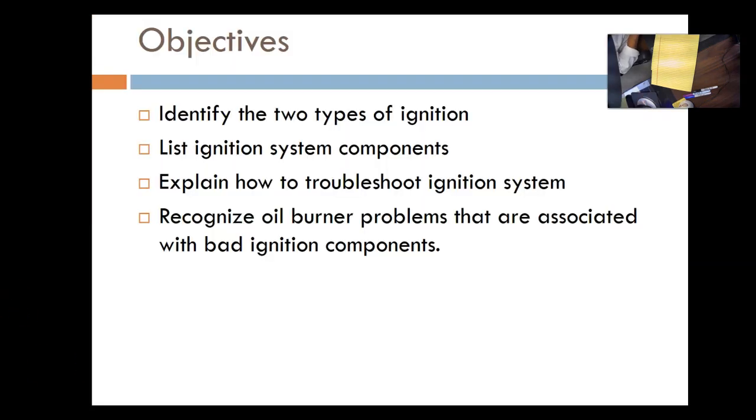Okay, so first we would like to identify two types of ignitions. There are two types now of ignition, not igniters, ignition. We have something called constant ignition, also known as intermittent ignition.